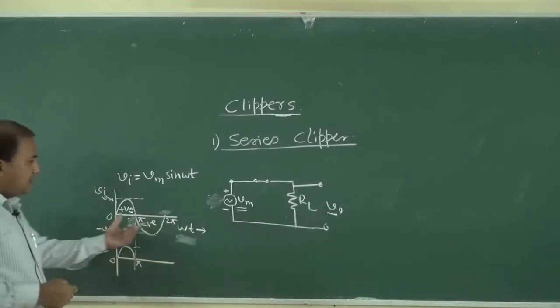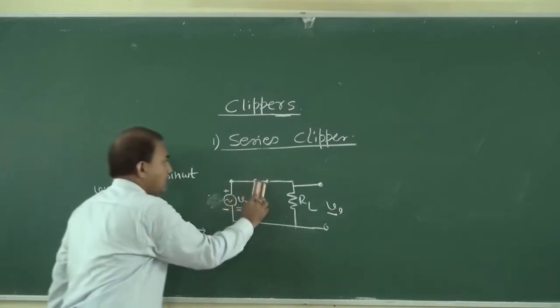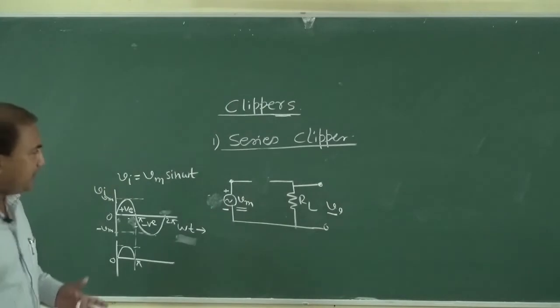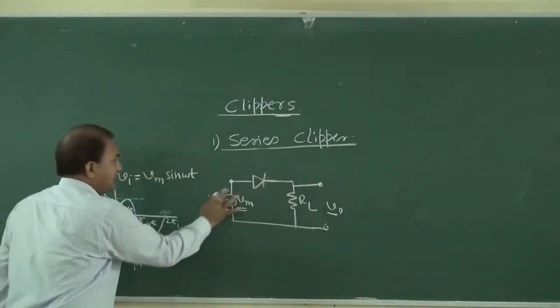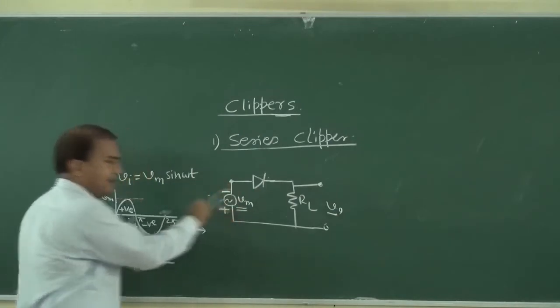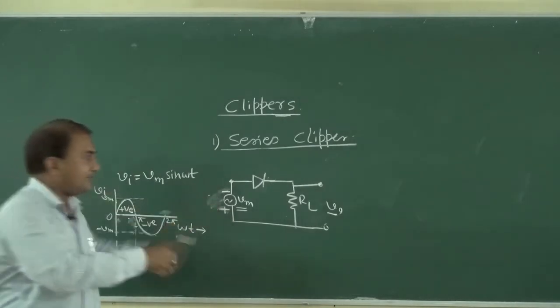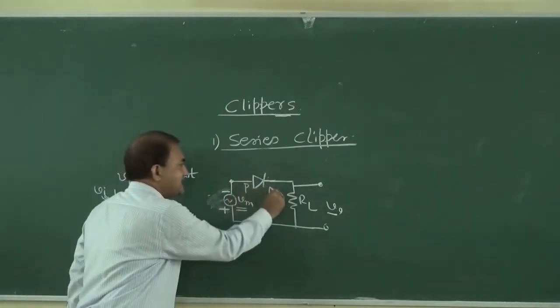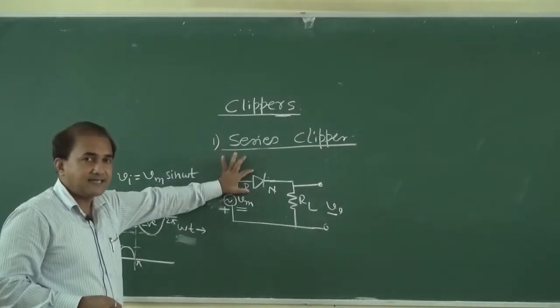Then during the negative half cycle, we can see this polarity will change. Here it is minus and here it will be plus. This is the P side and this is the N side, so it will be in reverse bias condition.